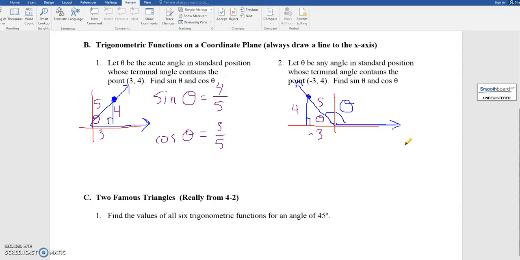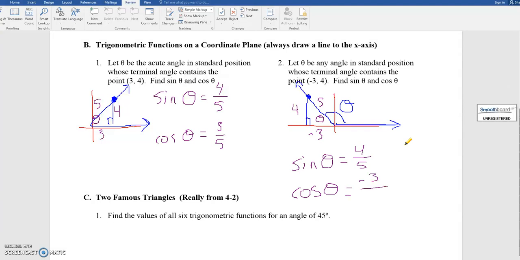Okay, so from this triangle, find sine of theta. Remember, it's the purple theta. So sine of theta is still 4/5, same as our last one. But cosine of theta is going to be a little bit different. Cosine of theta, adjacent over hypotenuse. The adjacent side is now -3, so it's -3/5. And this is the first example we've seen where a trig idea can be negative.